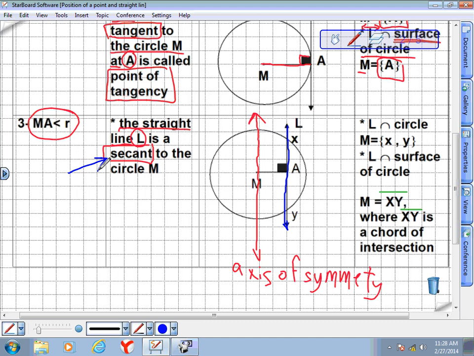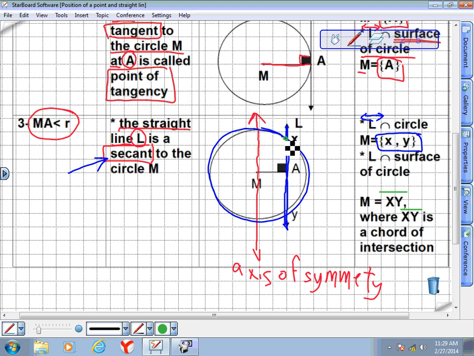The notes we have in this case are that the straight line L intersects the circle M at two points, which are X and Y. The straight line intersects the circle M at two points.